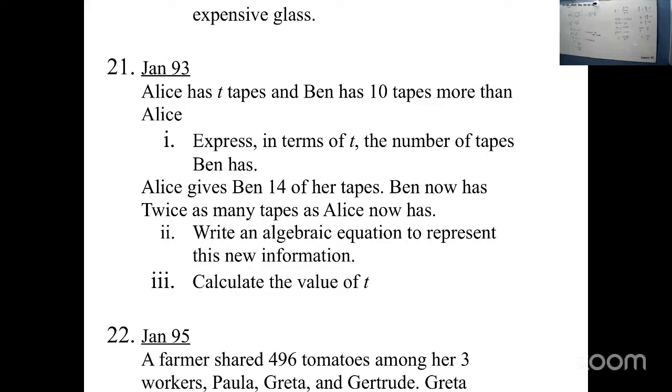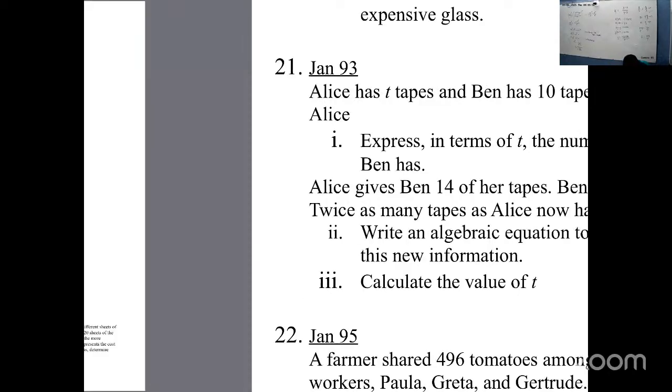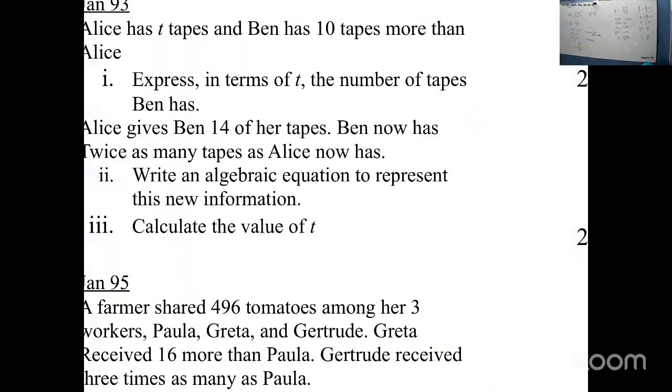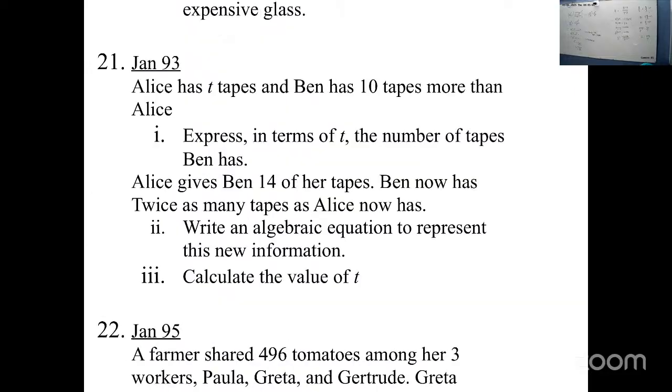Any answers online? Right, so most people have the first part.